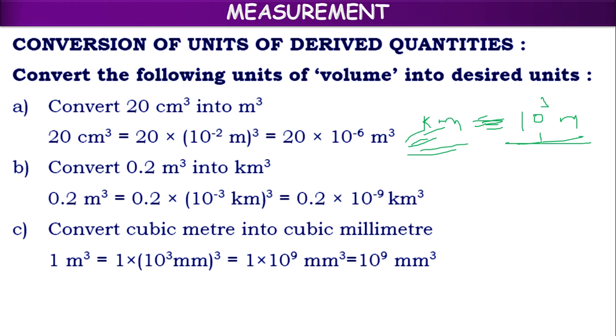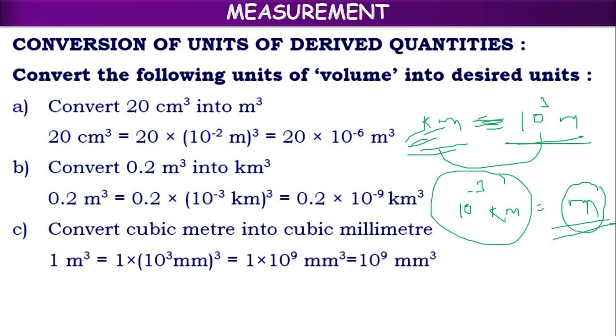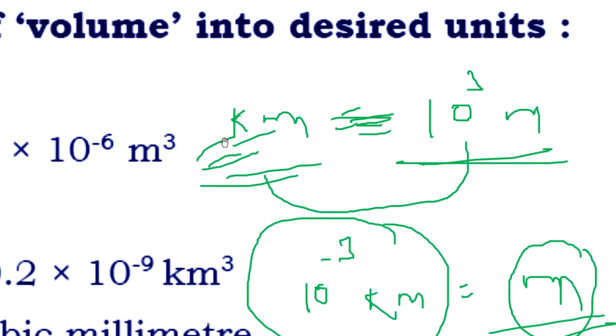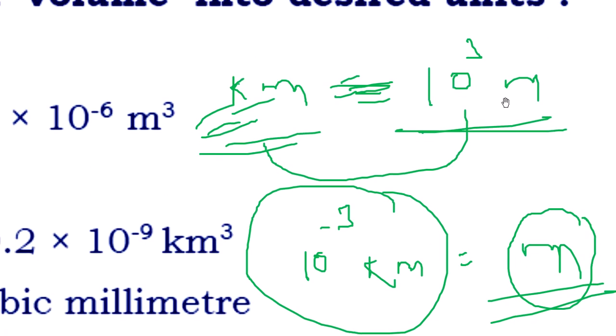If this 10 cube comes to this side, what will it become? 10 power minus 3 kilometer equals meter. In the place of meter, we can keep 10 power minus 3 kilometer, because kilometer equals 10 cube meter. But we want meter in terms of kilometer, so 10 power 3 comes this side, 10 power minus 3 kilometer.